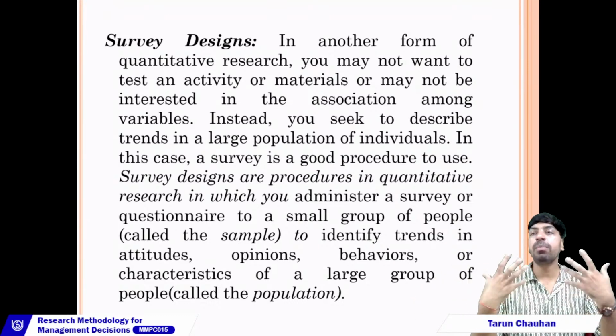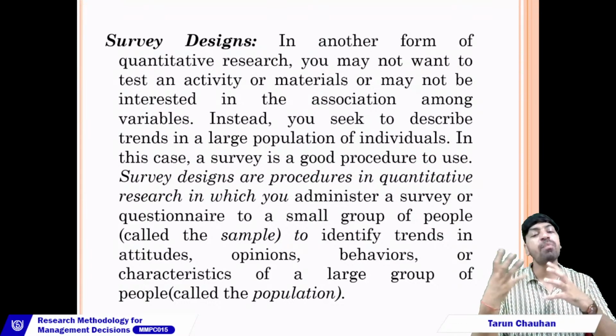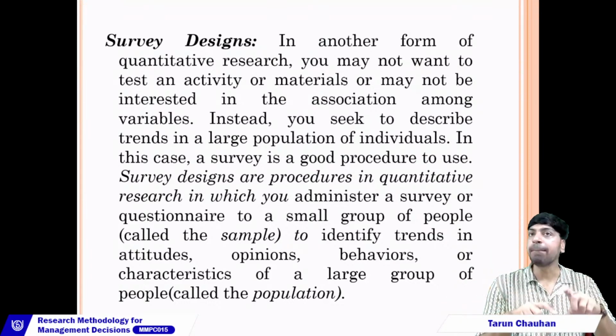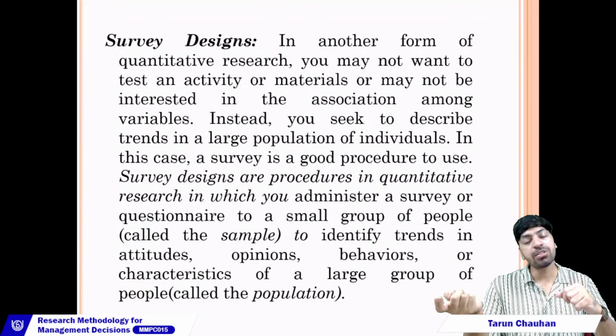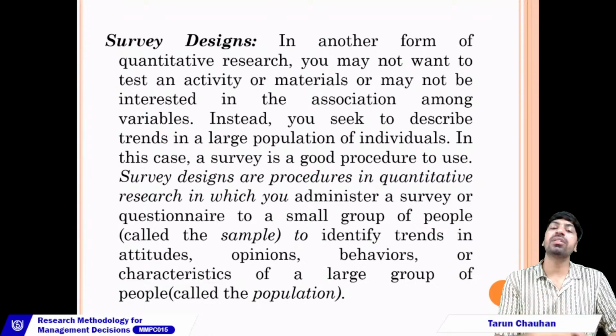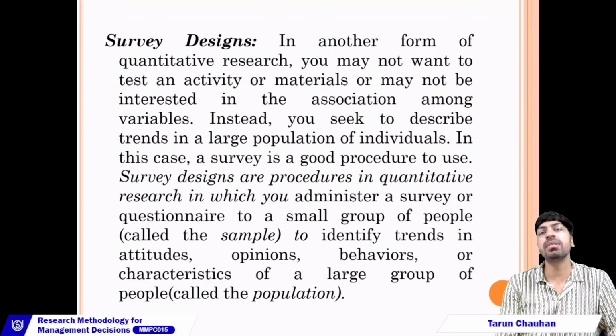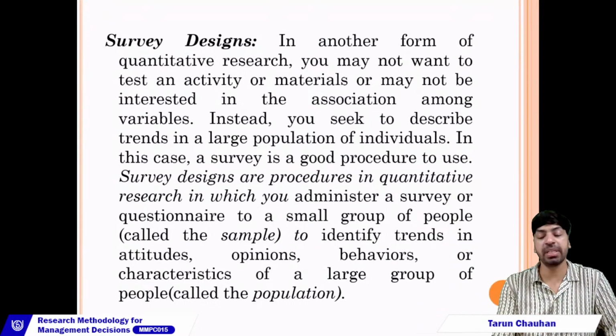So from the population, if an investigator does a survey from a small group, that's called a sample. Accordingly, the researcher collects the samples when they get the data from a small group from a large population.